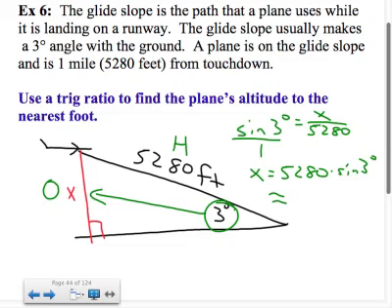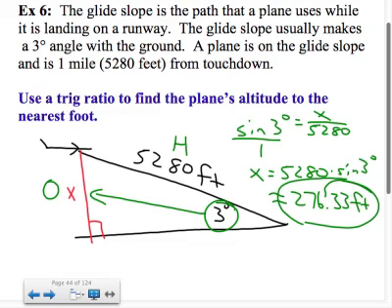And so the altitude is roughly 5,280 times the sine of 3, 276.33 feet. Whoops. There we go. Okay. So the plane is still 276 feet off the ground.